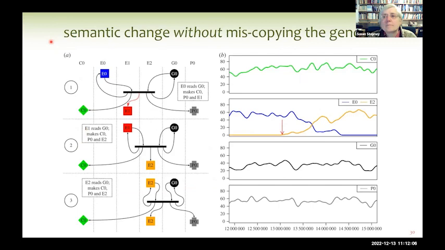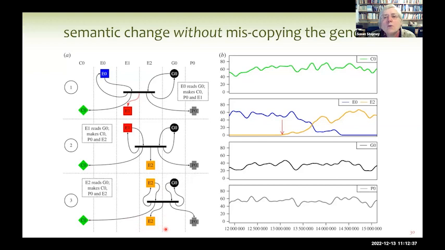And then finally here, we have a semantic change in the system without even miscopying the genome. So what happens here is the expressor, when expressing the genome, the expression has an error. And so it expresses a mutated expressor. And that mutated expressor and the original genome gives a secondly mutated expressor, and that secondly mutated one is now stable.